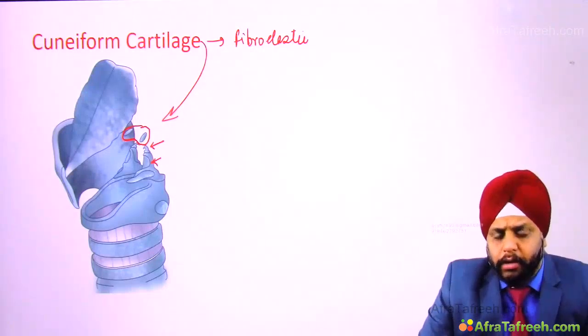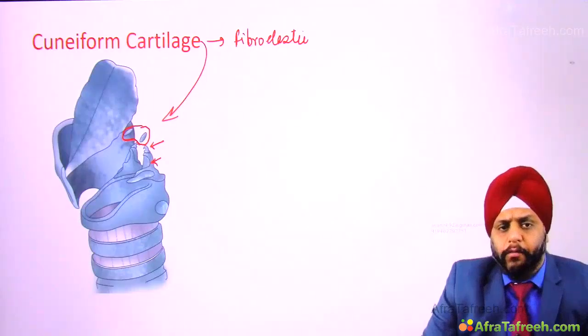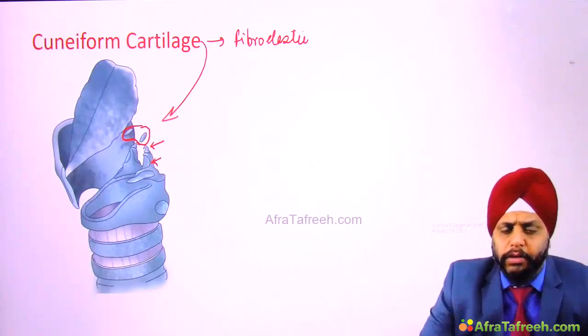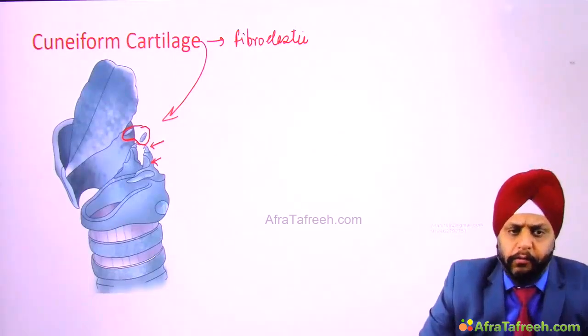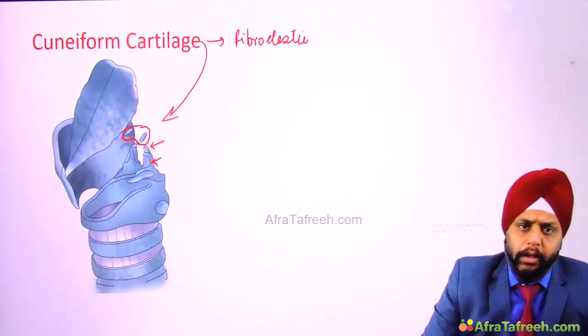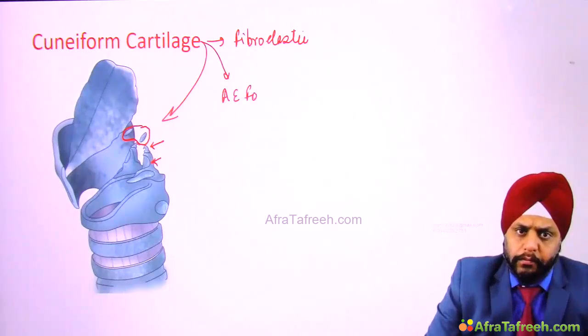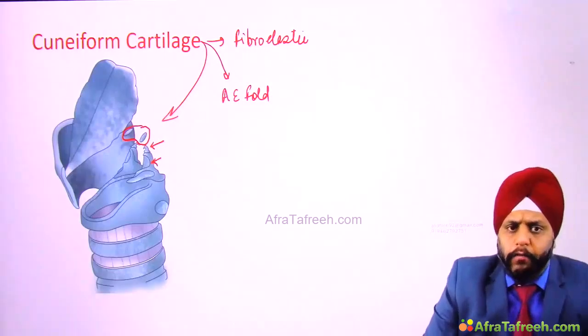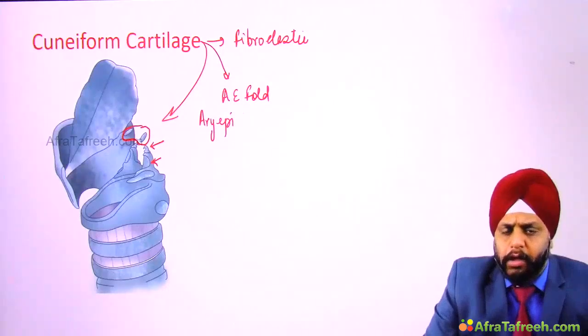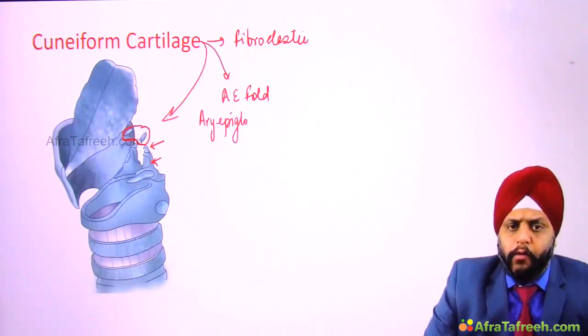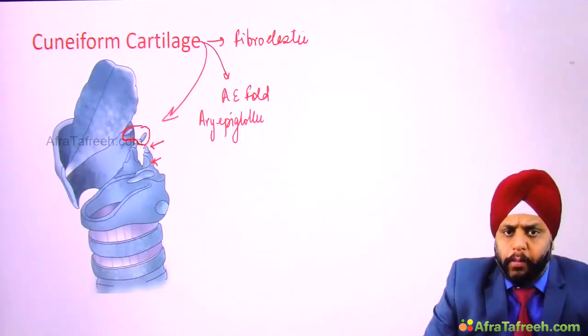They look like they are hanging because we have removed all the mucosa, the folds, the muscles and everything. We are just focused right now on the cartilages. These are in the AE fold. What is the AE fold? We will be studying it in some time, but for the time being we should know that AE fold is a short form for aryepiglottic fold.